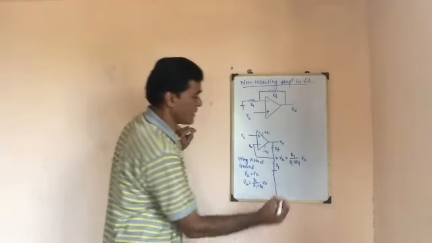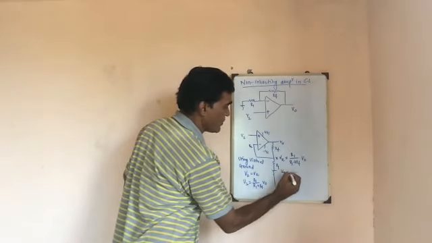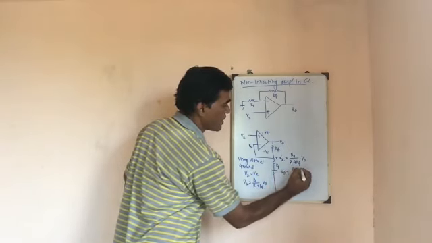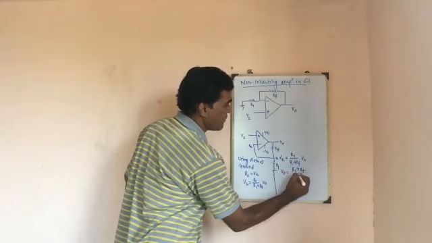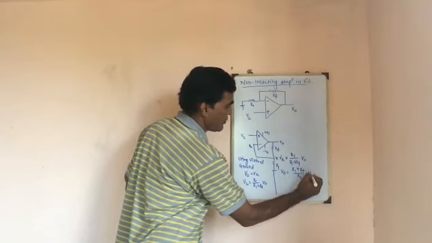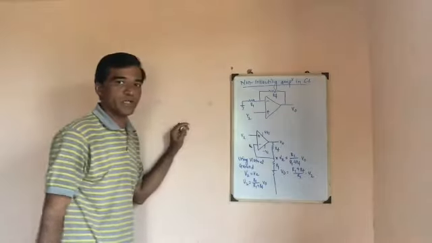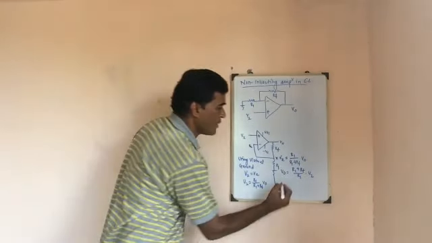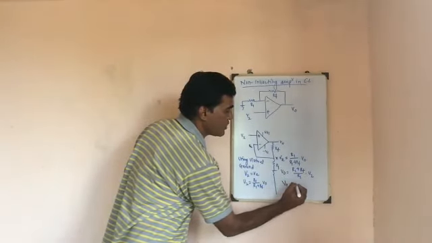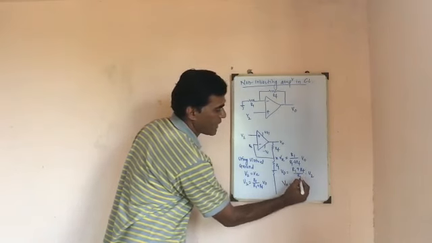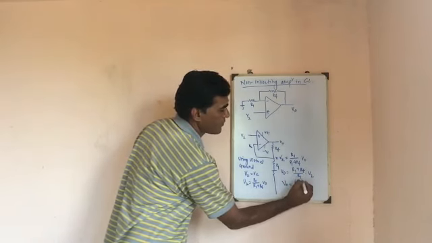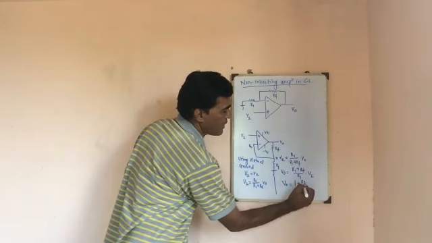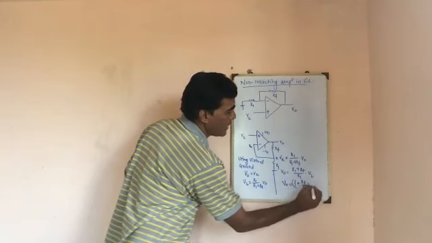From this I can write V0 is equal to R1 plus Rf divided by R1 into V2, where V2 is the input to this non-inverting amplifier. Further, I can write V0 is equal to, R1 divided by R1 is 1, plus Rf by R1, multiplied by V2.